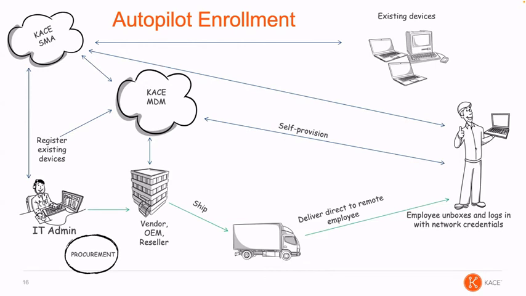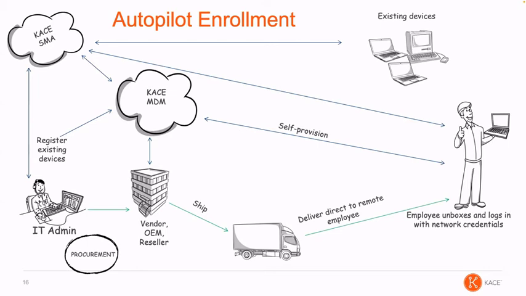This device gets self-provisioned through Case MDM and gets all the configuration you defined and is joined to the Azure Active Directory domain. Applications are deployed, and our Case SMA agent is deployed, which then controls the device and can be patched, and further applications will be deployed using the SMA.